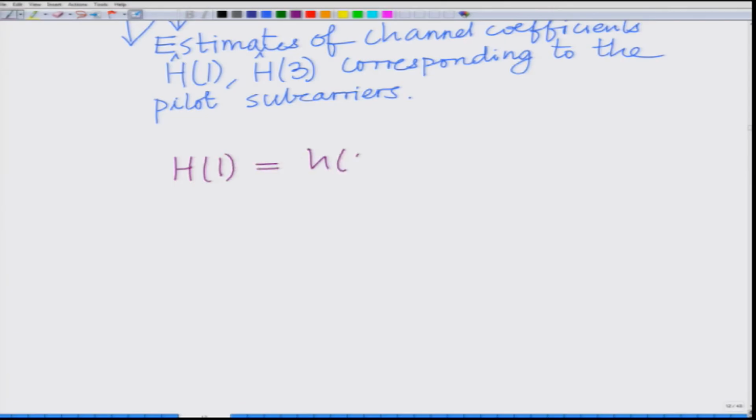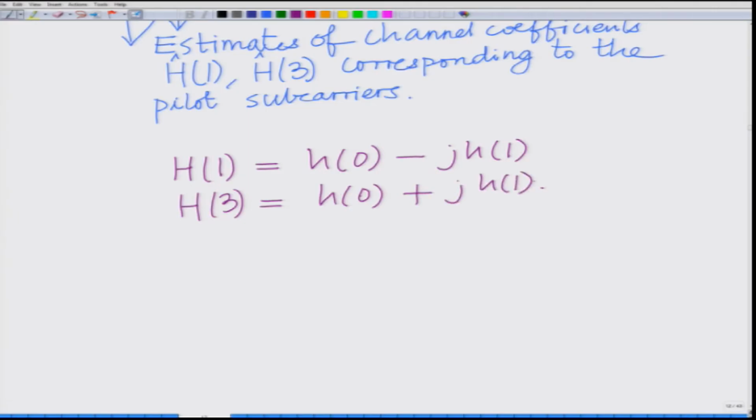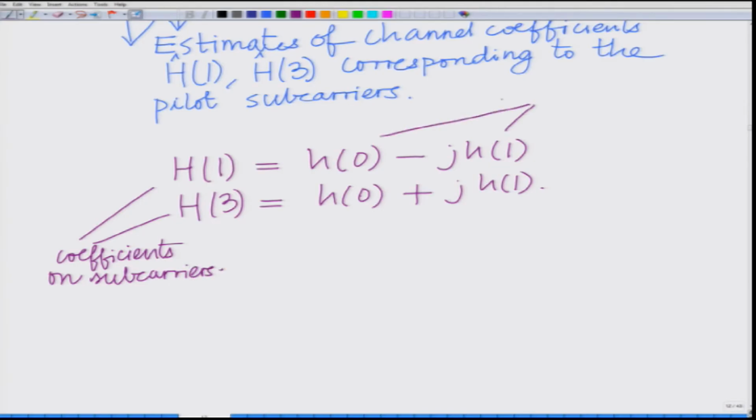Let me write it correctly: H1 equals H0 minus jH1 and H3 equals H0 plus jH1. These are the coefficients on the subcarriers, and h0 and h1, remember, are the channel taps in the time domain.